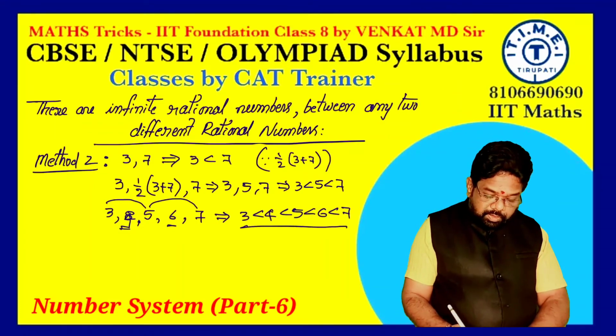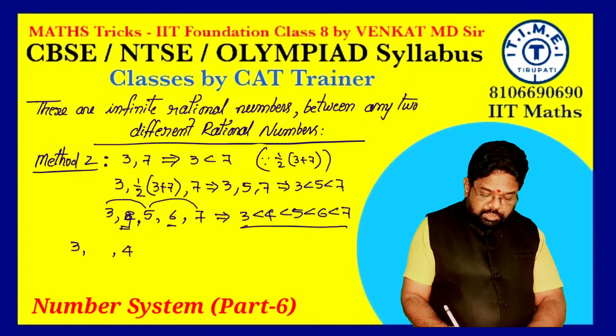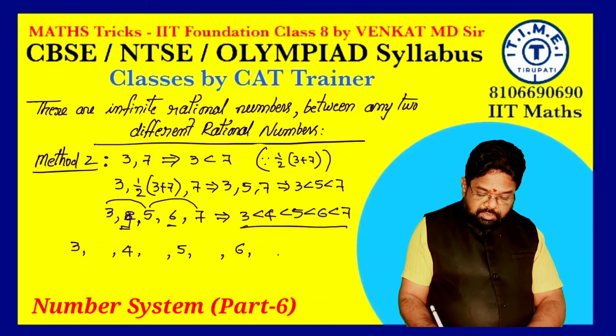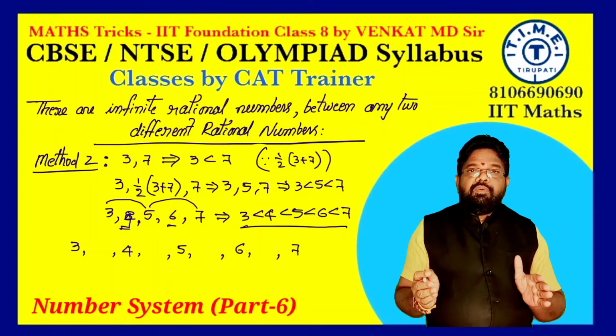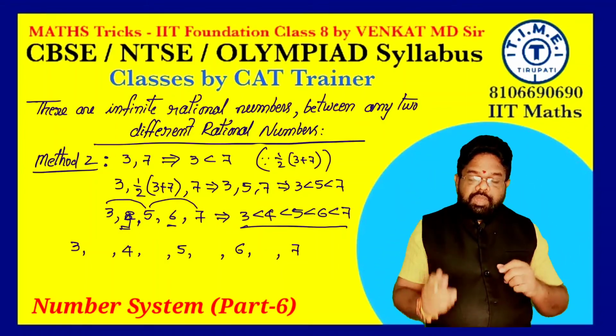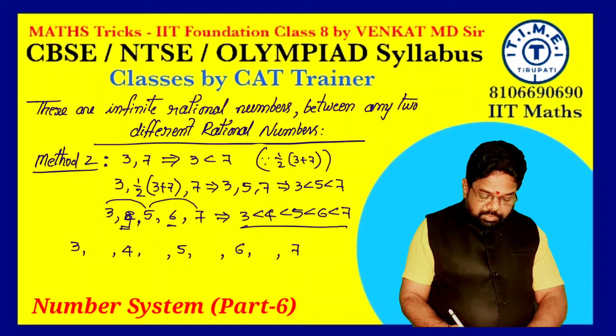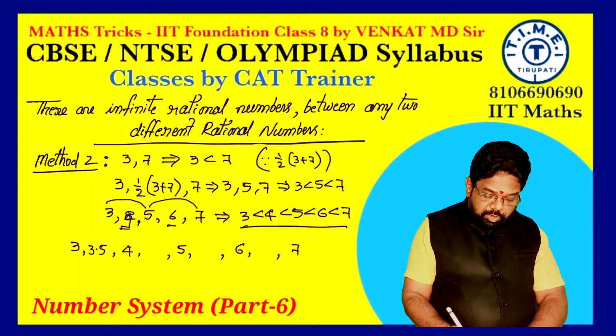See here, in between these also we can arrange another rational number: between 3 and 4, between 4 and 5, between 5 and 6, and between 6 and 7. By the same logic, half of the sum of the two values: 3 plus 4 is 7, 7 by 2 is 3.5.